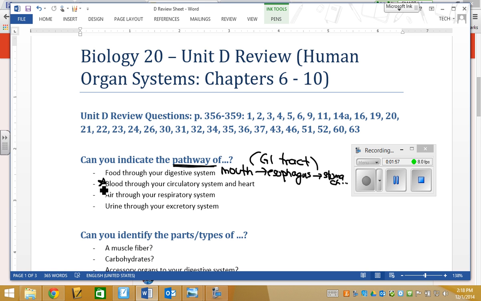If we're talking about air through your respiratory system, think about how your mouth or your nose could be the starting point, or it could be both of them. If it's your nose, remember the air is warmer and more humid and cleaner than if it goes in through your mouth.